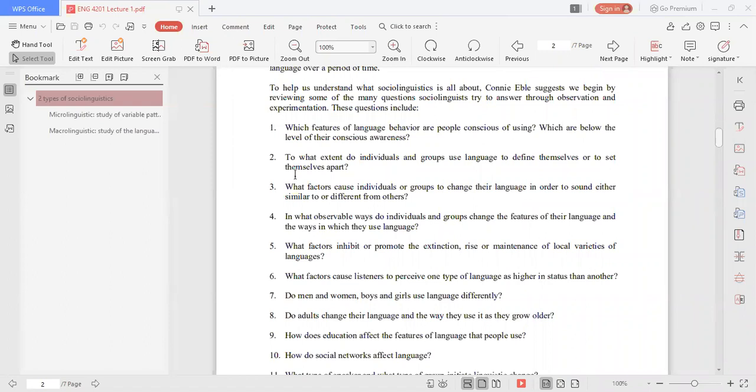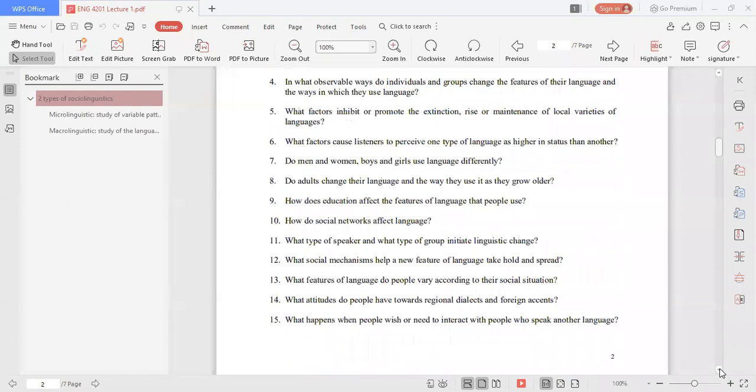How do social networks affect language? You understand social networks? For example, there are some people who are very much connected with the high officials and all the big guns, and some people who are very introverted. They don't like to talk to people. They don't have many friends.